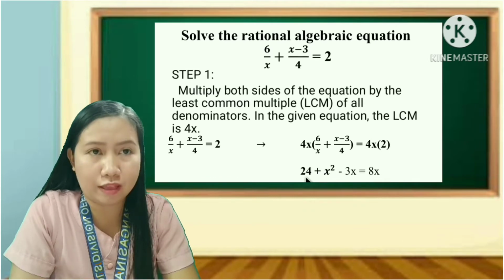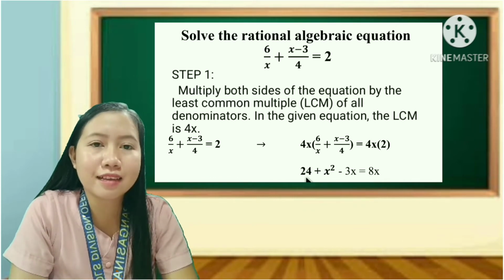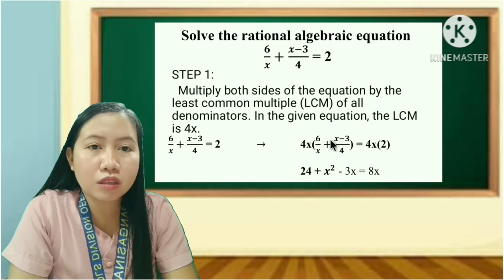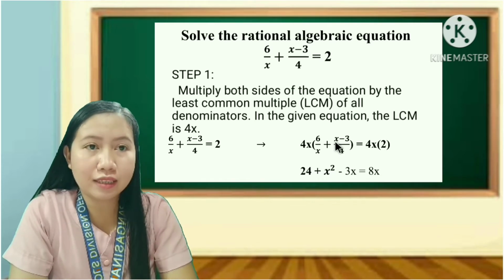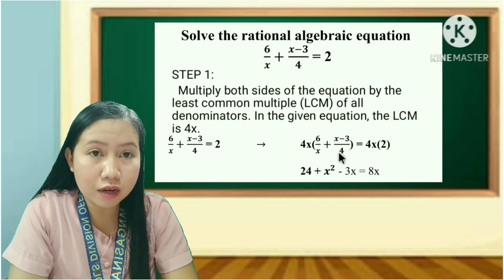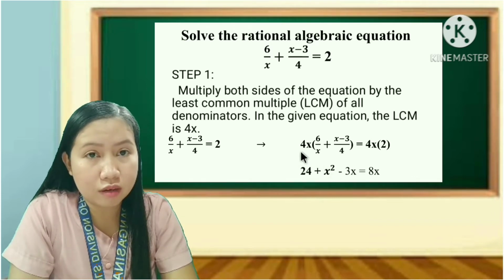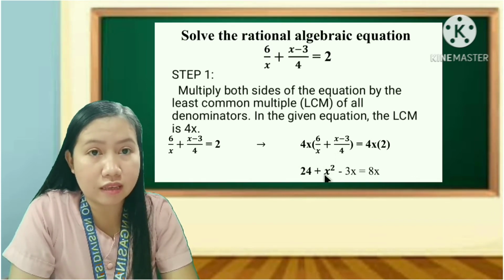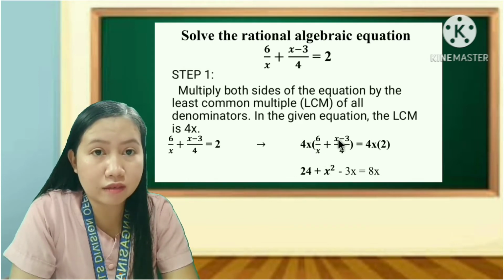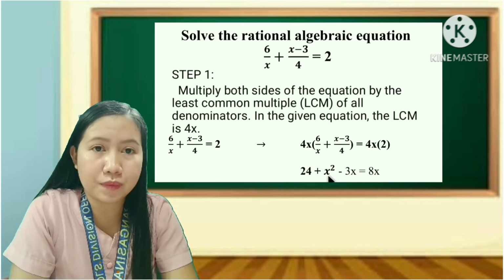Next, 4x multiplied to x, that is 4x squared, divided by 4, we will get the result x squared. So we have 4 divided by 4, that is 1, and if we multiply x to x, that is x squared.